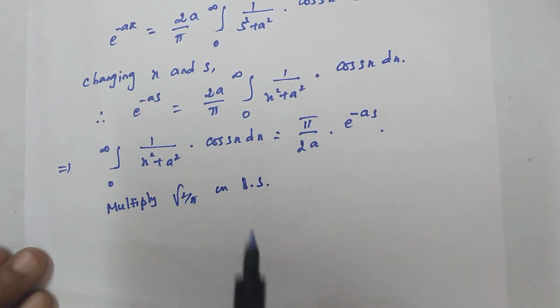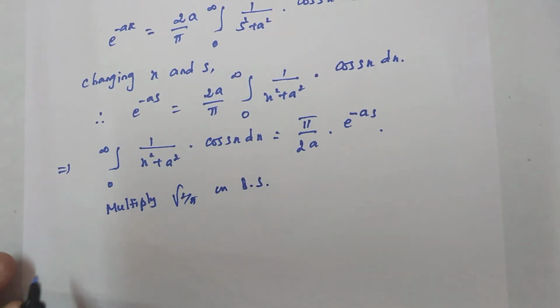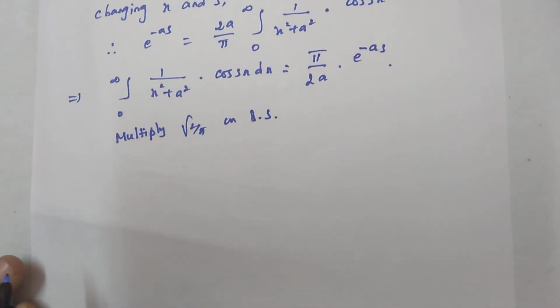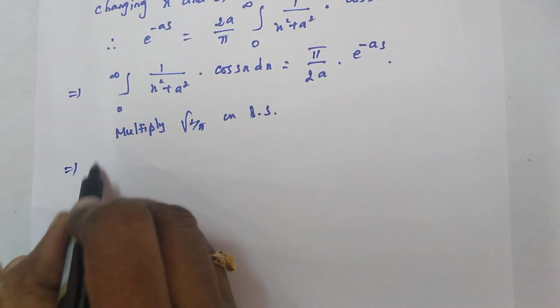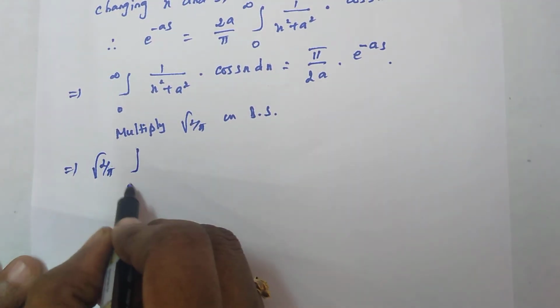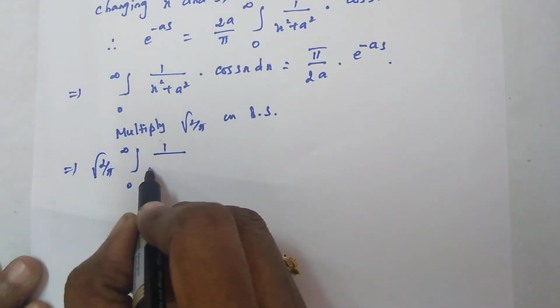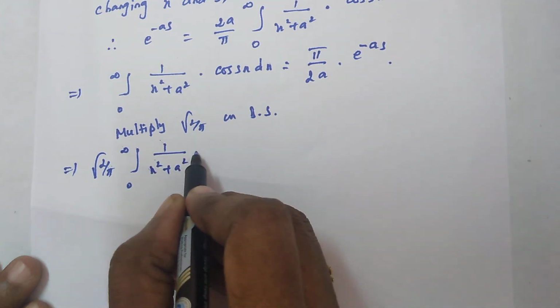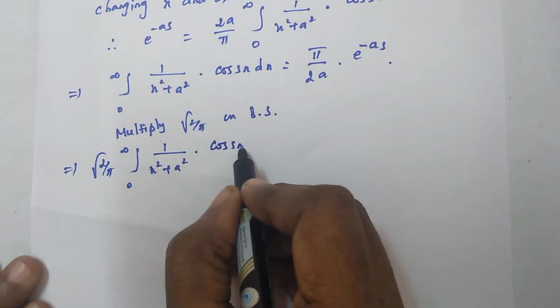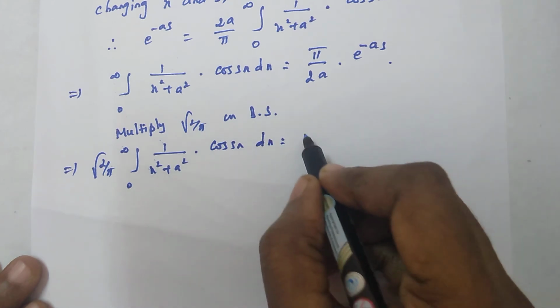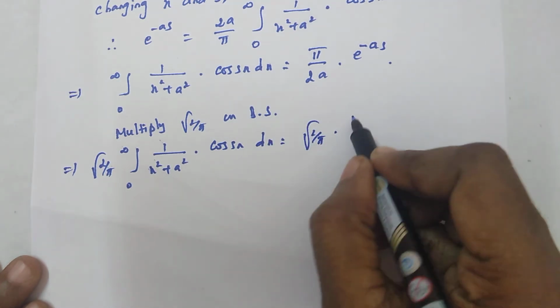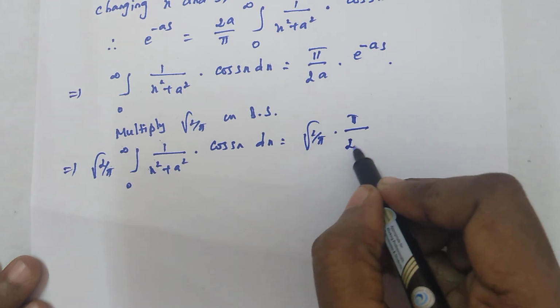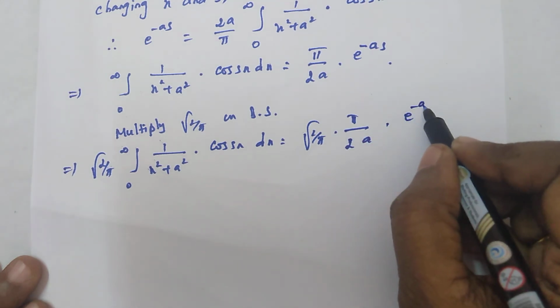Whatever we are doing in an equation, we have to do it on both sides. So this implies root of 2 by pi integral 0 to infinity 1 by x square plus a square into cos sx dx equal to root of 2 by pi by 2a into e power minus as.